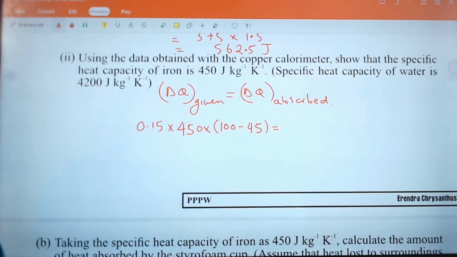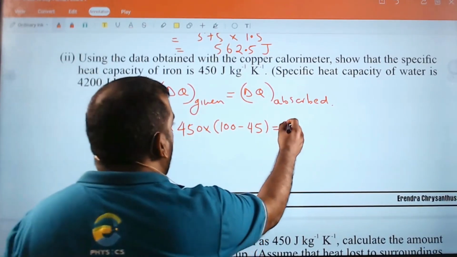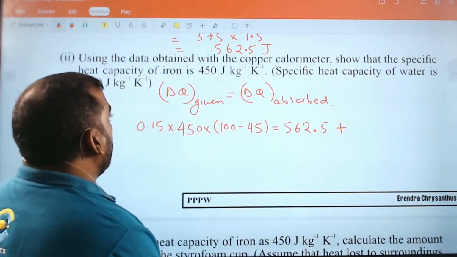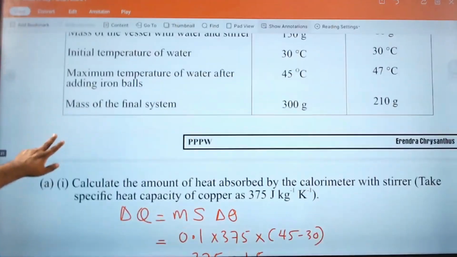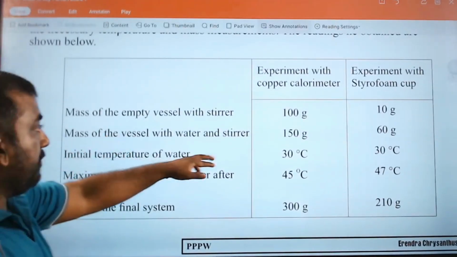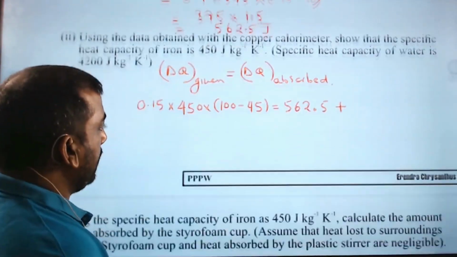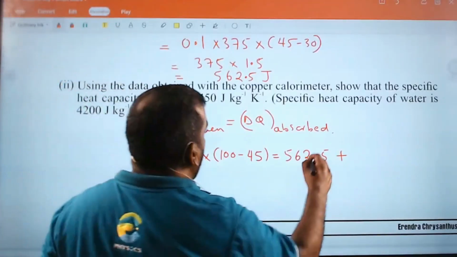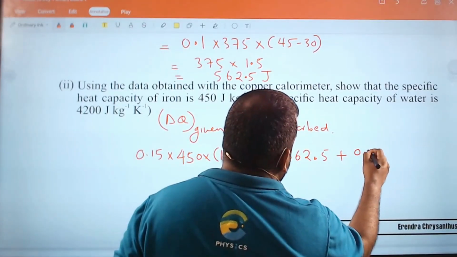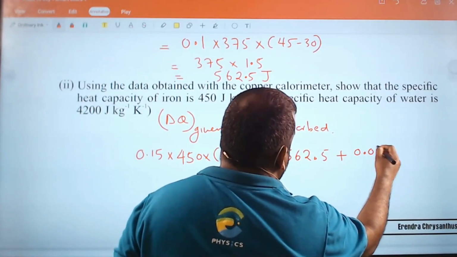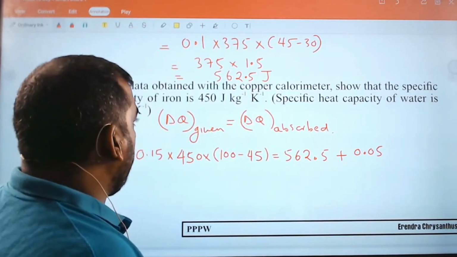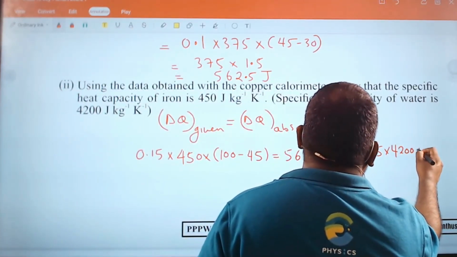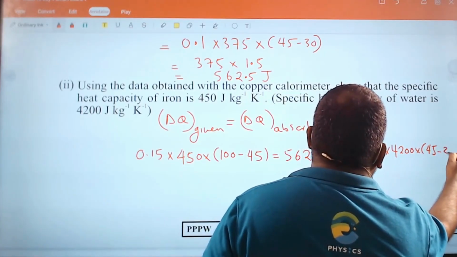Who is absorbing it? Calorimeter is absorbing, already found, 562.5. Water is absorbing heat. Mass of water is 50 grams, 0.05 kilograms, specific heat capacity 4200, 45 minus 30, right?